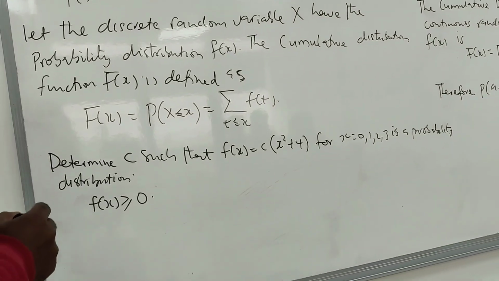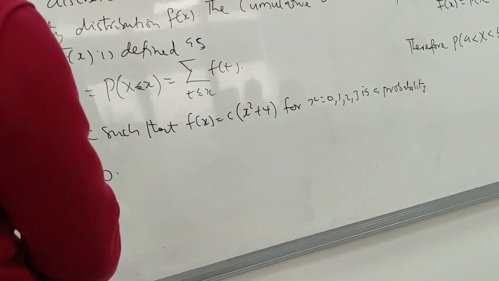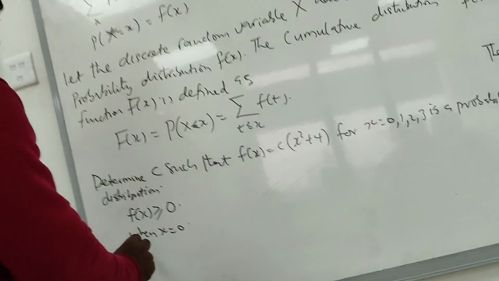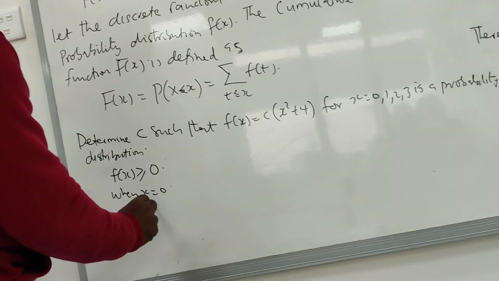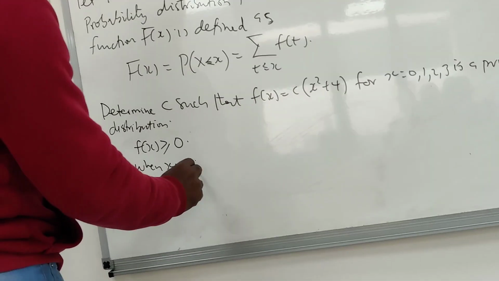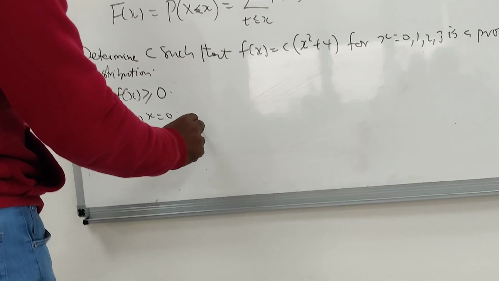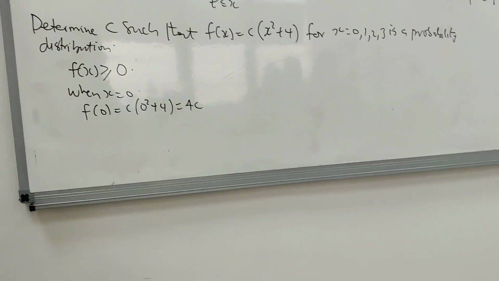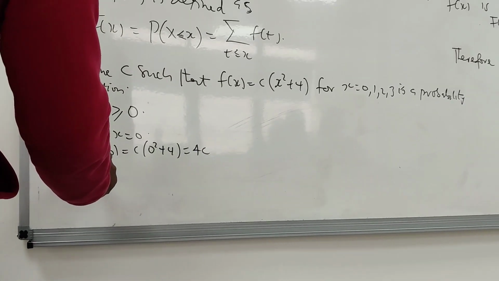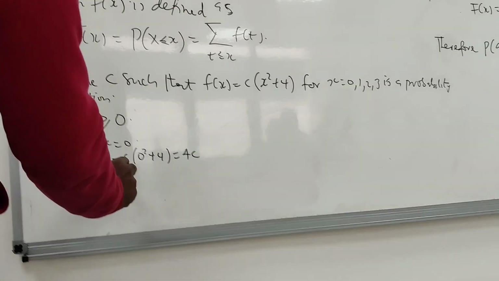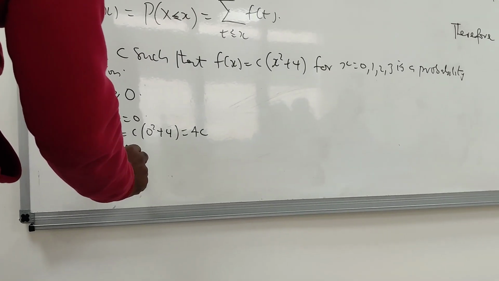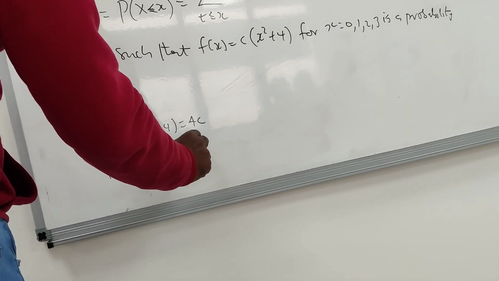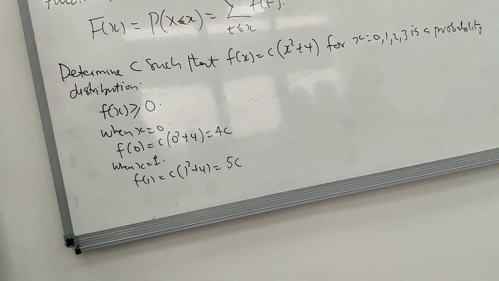Now, let's look at it. When x is equal to 0, we have f of 0 equals c into 0 squared plus 4, which is equal to 4c. Am I right? When x is equal to 1, we have f of 1 equals c into 1 squared plus 4, equal to 5c.